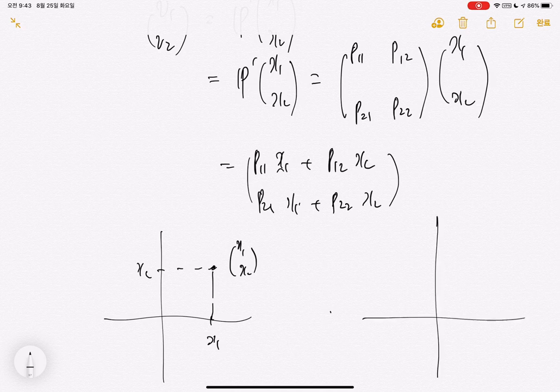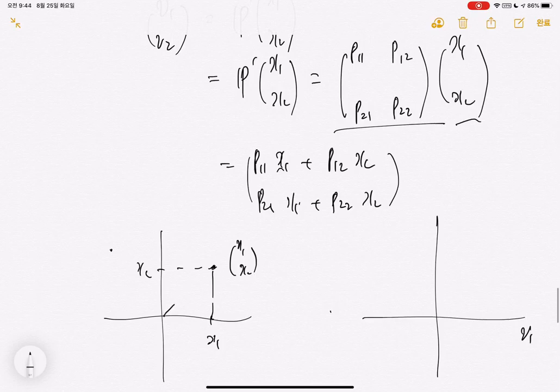Put some numbers here and verify that this matrix operation, the multiplication of the matrix to this vector, makes a new vector like this, which has the same length.